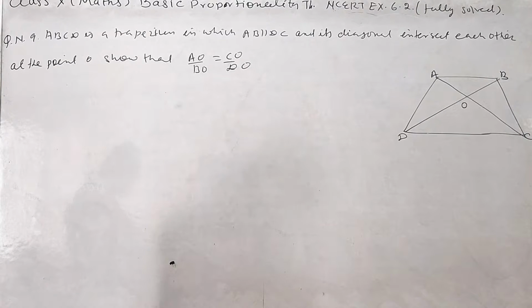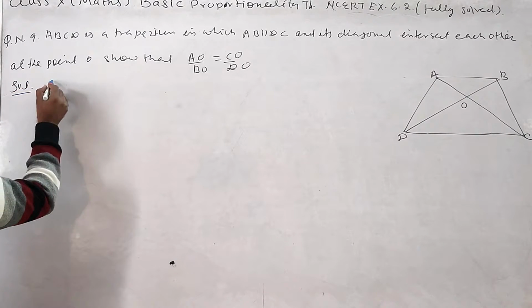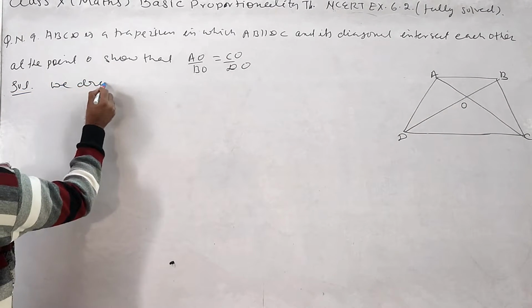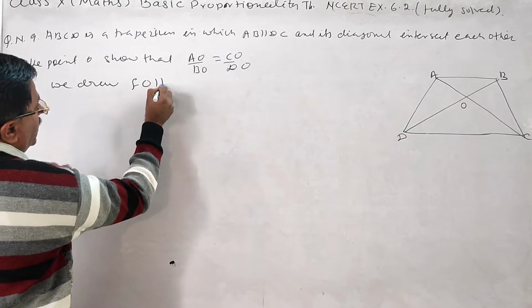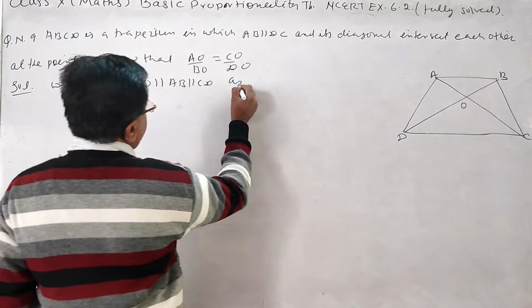This we want to prove. So for that, dear student, we have to draw a line which is parallel to either AB or CD. So for the proof of this, we draw FO parallel to AB, or AB is already parallel as given.